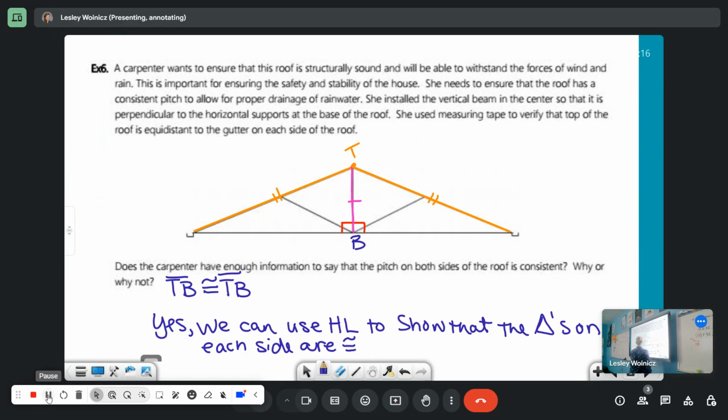Okay, so we're almost done with this. We've now shown that the triangles are congruent.